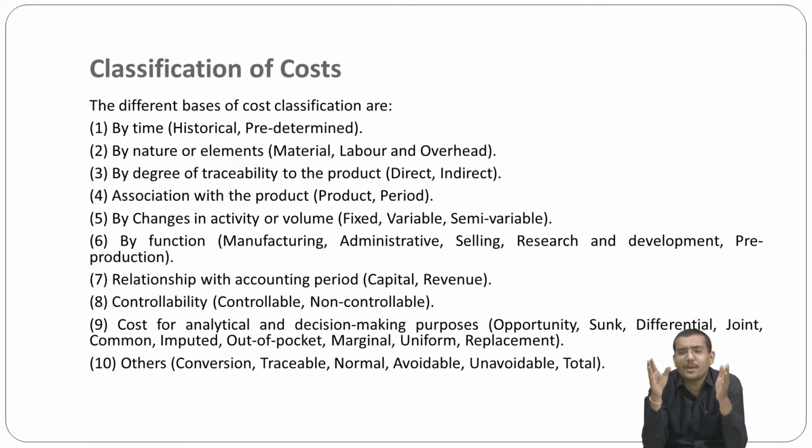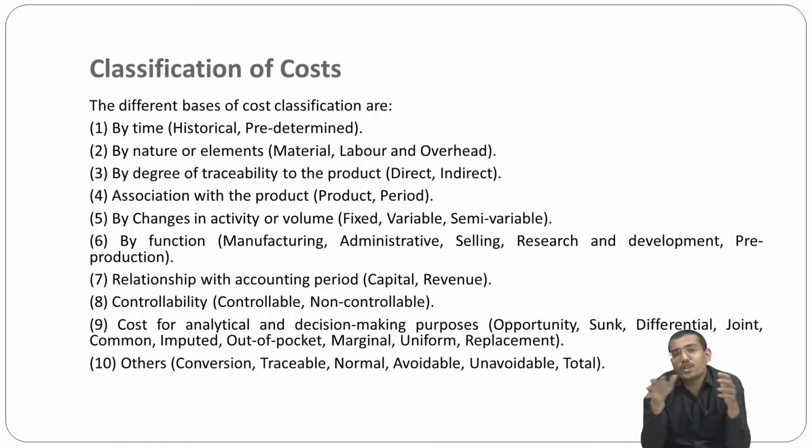Overheads are nothing but your indirect expenses. Then by the degree of traceability of the product, that is direct and indirect costs. Then fourth is association with the product, that is product cost and period cost. Then by the change in activity or volume, that is fixed, variable and semi-variable.